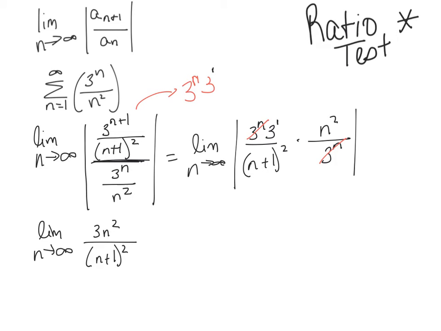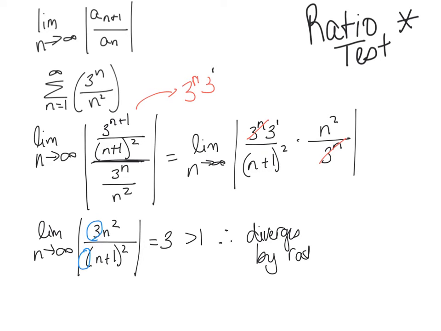Well, I know that this denominator is going to make an n squared, so I'm going to look at my leading coefficient over 1, so the limit here equals 3. Because 3 is greater than 1, according to my ratio test, this one diverges. Therefore, that's what the 3 little dots mean: diverges by ratio test.